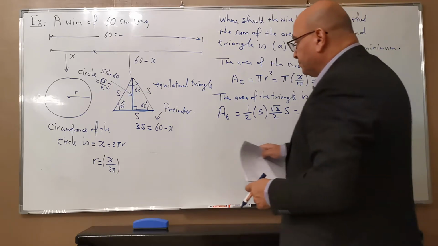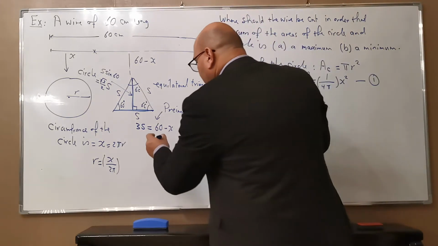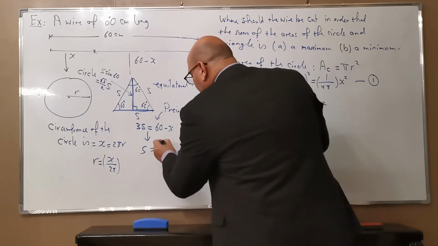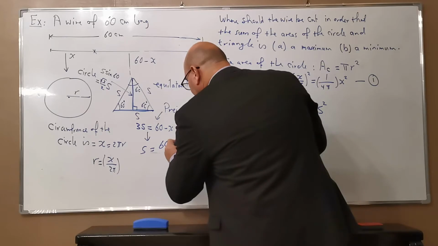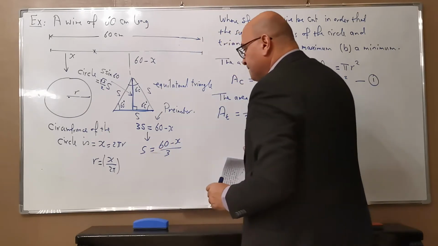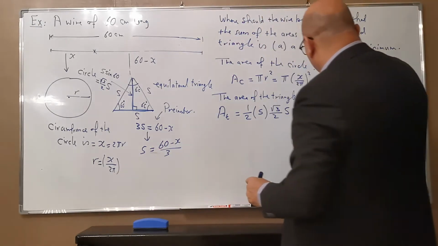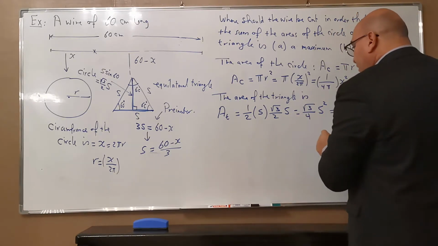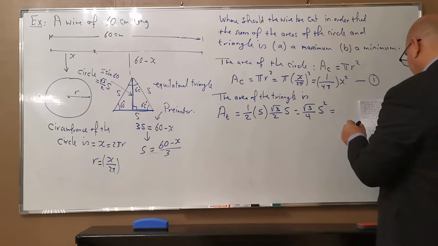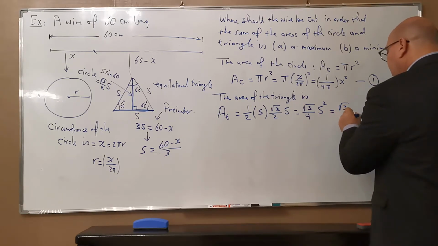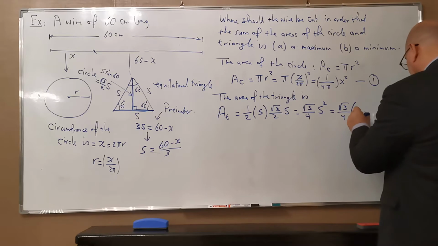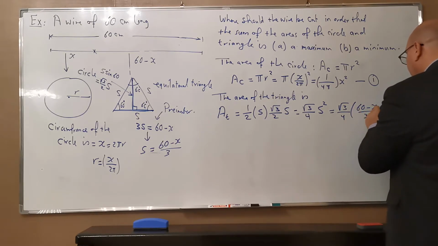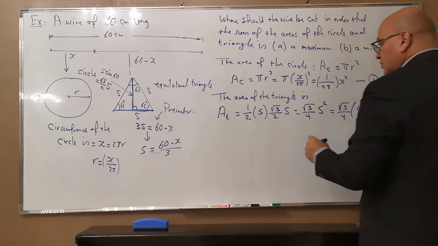What is S? S here, in terms of x, is equal to (60 minus x) divided by 3. If you put it here, so this will be square root of 3 divided by 4 multiplied by ((60 minus x) divided by 3) squared.